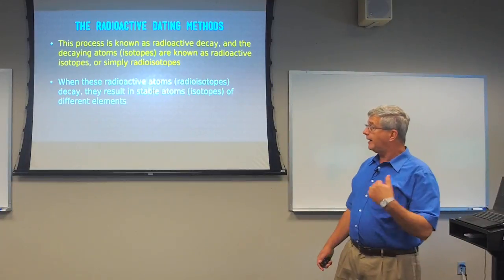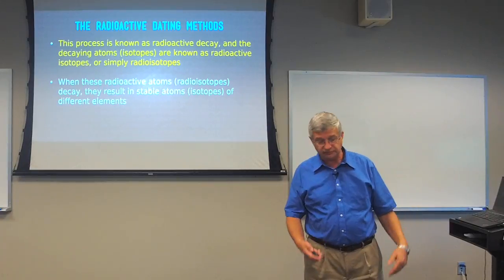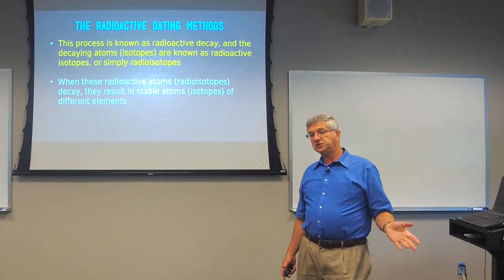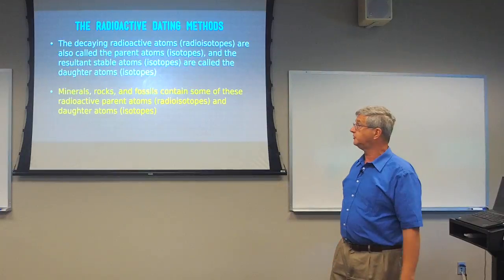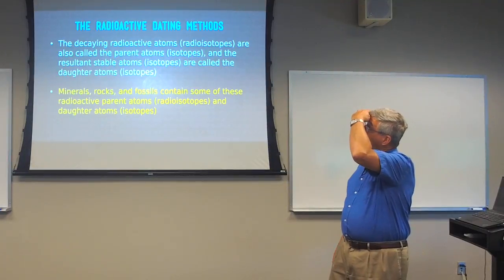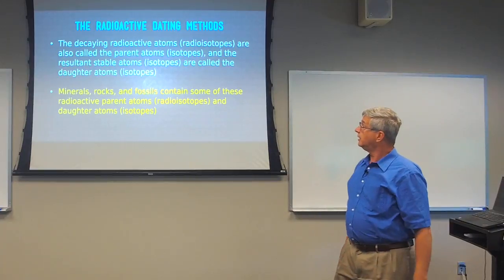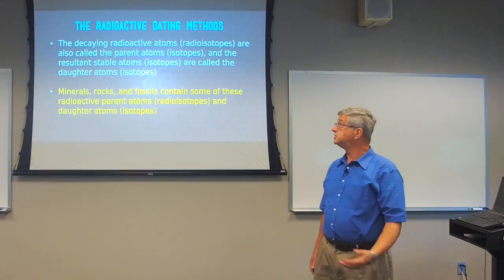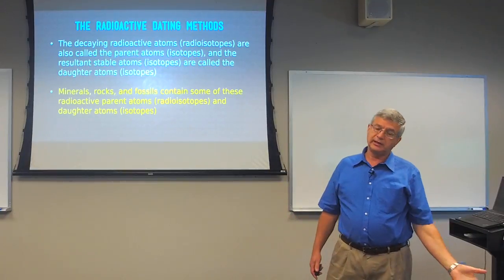So we have the radioactive atoms or radioisotopes resulting in stable atoms or isotopes of different elements, because the transformation changes the number of protons in the nucleus, so one element transforms into a different element. And so we can talk about parent atoms and daughter atoms that are stable, and minerals, rocks, and even fossils contain some of these radioactive parent atoms that decay to daughter atoms.